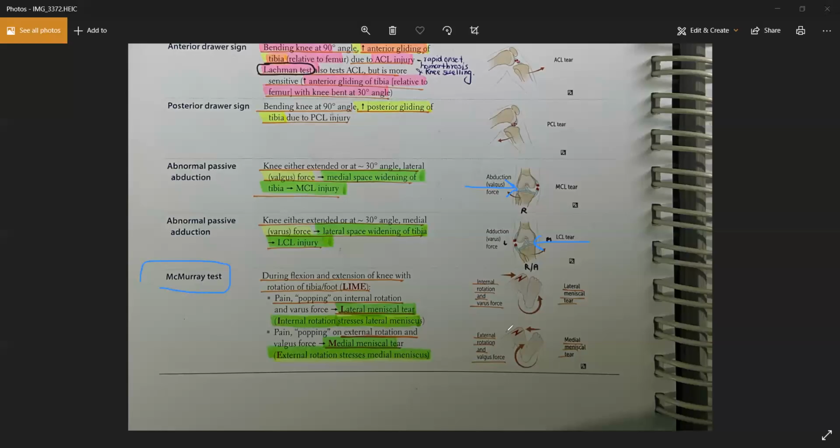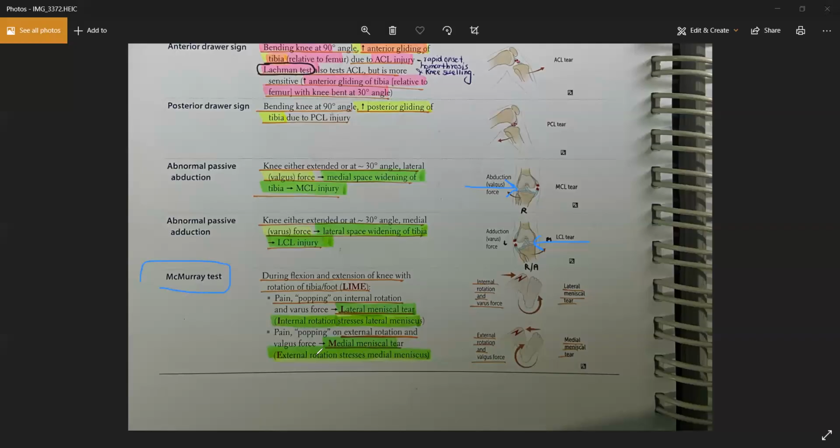Varus force is always from medial to lateral, right? So if I make a blow on my knee from medial to lateral, then the lateral meniscus will tear first. Similarly, if I make a blow from lateral to medial direction, which means a valgus force, I can have the medial meniscus tear.